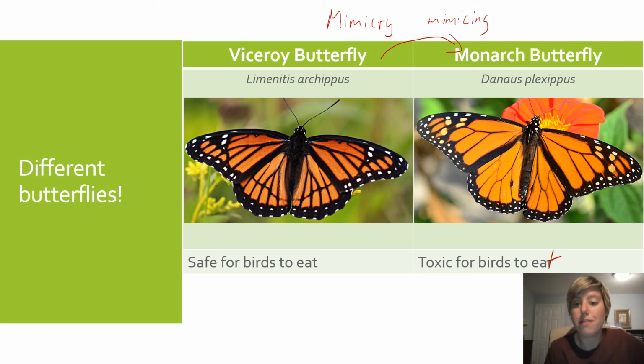But on first glance, because they look the same, the bird doesn't know if he's going to be eating something that is toxic or eating something that is safe. So most of the time, the bird does not eat the butterfly. So this is a mimicry adaptation so that you have an organism that looks like another organism that is dangerous, but it's actually not dangerous.